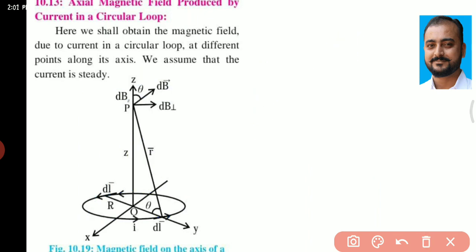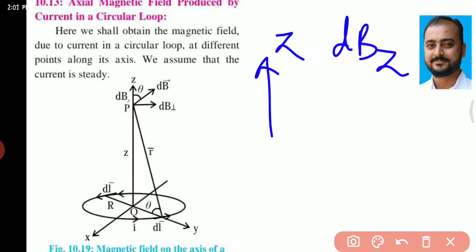They cancel each other, and only the component parallel to the z axis, dBz, remains in each case. So the total magnetic field produced at point P is due only to the parallel components along the z axis.